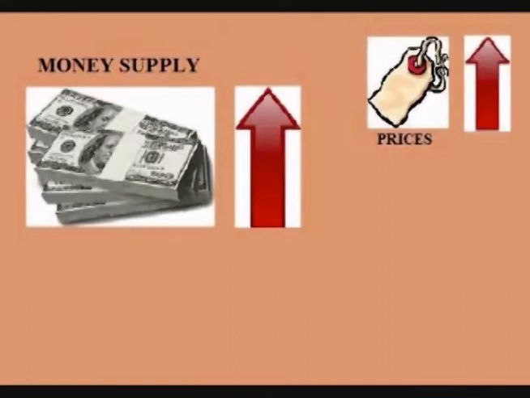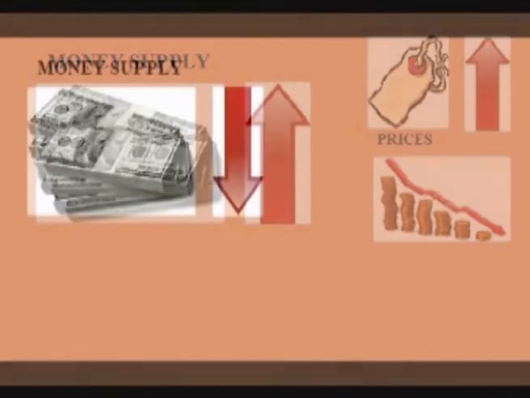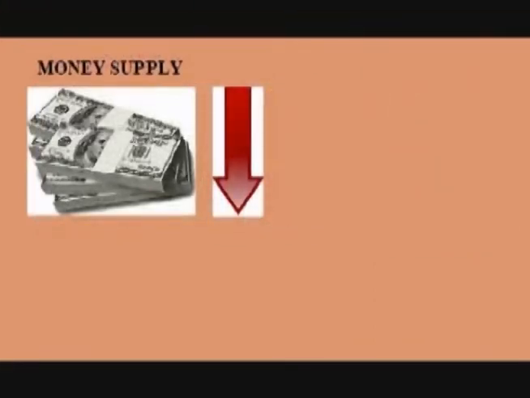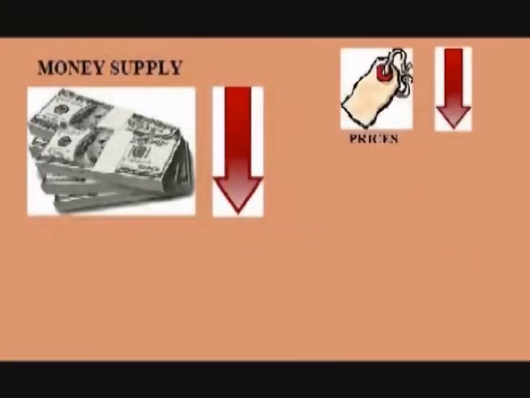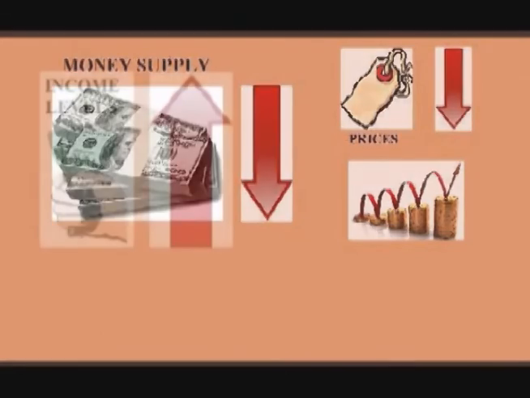In other words, prices will go up. The currency will get weaker following the purchasing power parity as money flows out of the country seeking cheaper prices elsewhere. If the money supply goes down, prices will go down, and the currency will get stronger following the purchasing power parity as more money flows into the country from countries with higher prices.